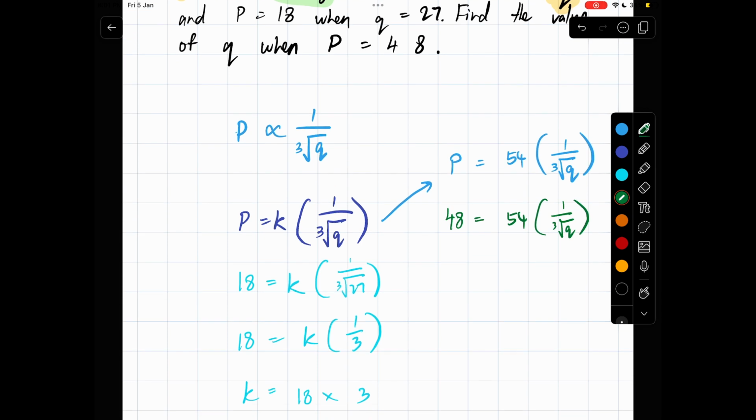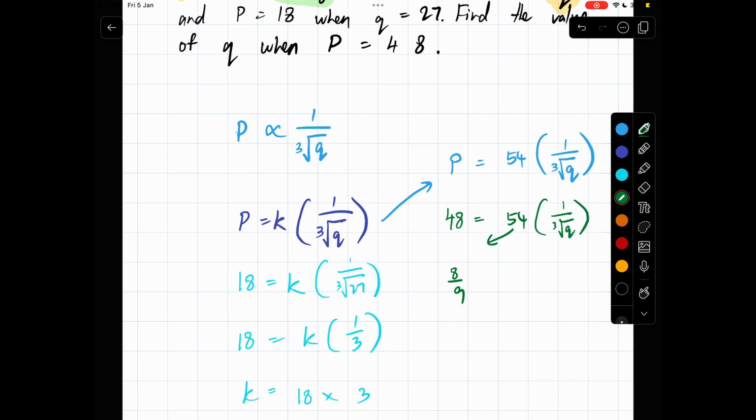So 48 divided by 54, you will get the answer of 8 over 9.